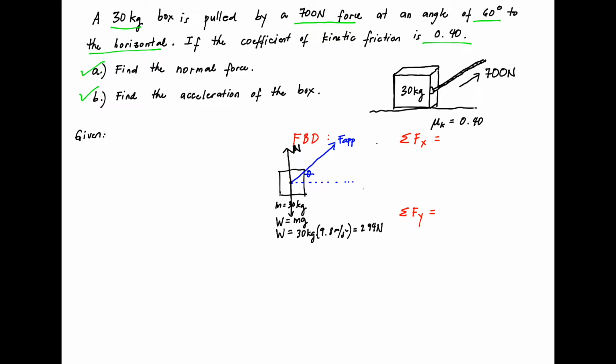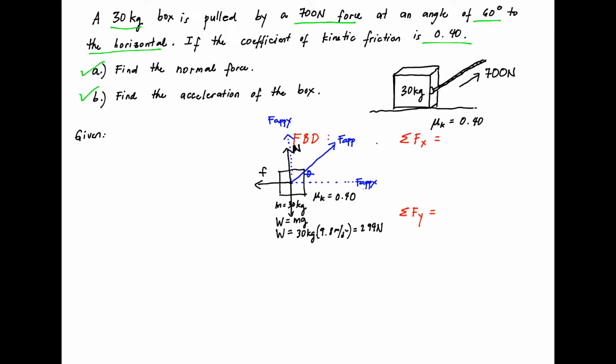If we look at the components of F up, we have the F up X as well as the F up Y. And we also have the frictional force. Based on the problem, we have the coefficient of kinetic friction, which is 0.40.